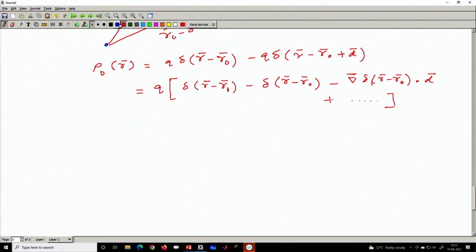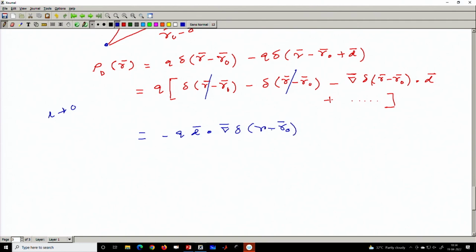The first two terms cancel out, and under the condition that d tends to 0 I have a simpler expression: minus q d dot the gradient of the delta function at r minus r0.